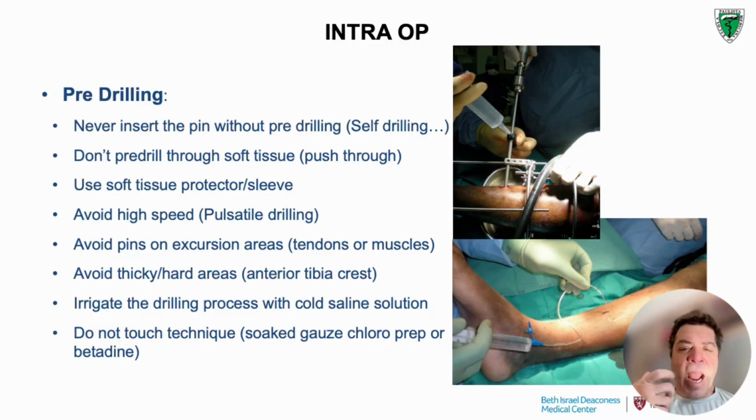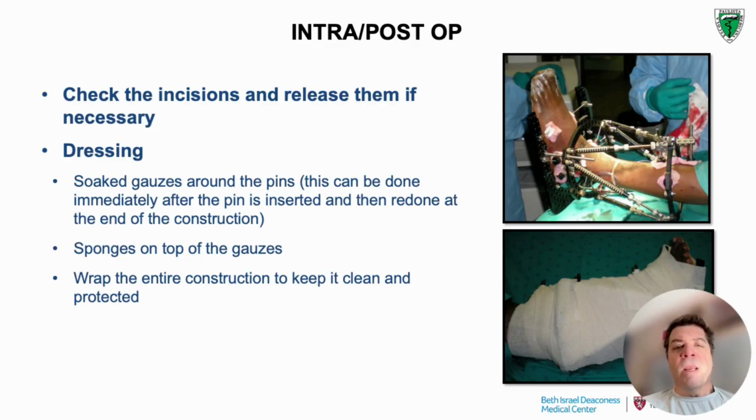So you activate and deactivate, stopping the drill every 2 seconds, and that's going to cool down the tunnel that you're making. That is also going to prevent thermal injuries in the bone and also in the soft tissue.